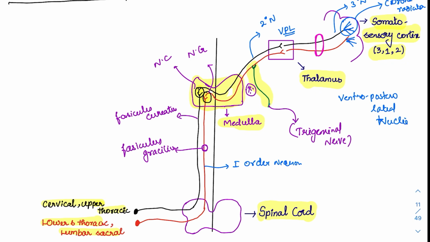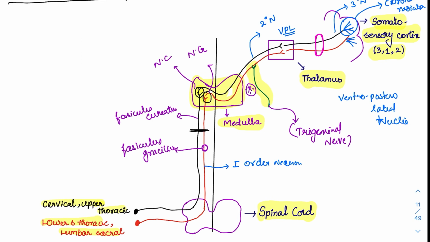Rather than this structure, one thing we have to remember is what happens whenever there is a hemisection at the spinal cord level. Because there is this particular syndrome called Brown-Sequard syndrome, which we'll discuss in the motor system. But right now, for every tract I will tell, then we'll summarize in the motor system. So what happens whenever there is an injury or lesion at a particular level of the spinal cord?